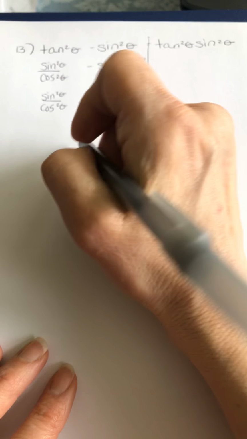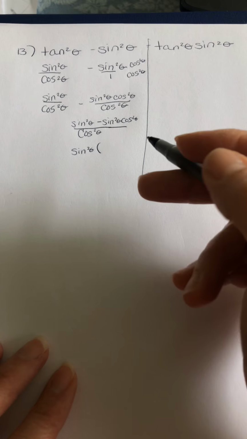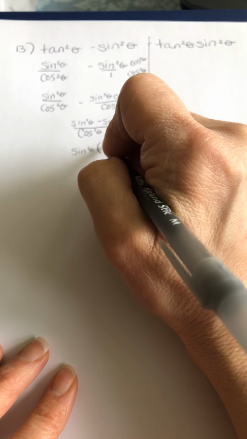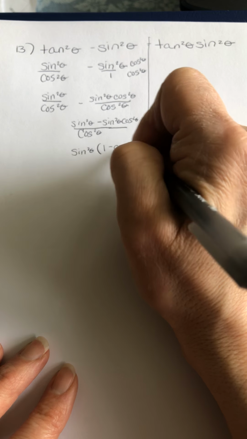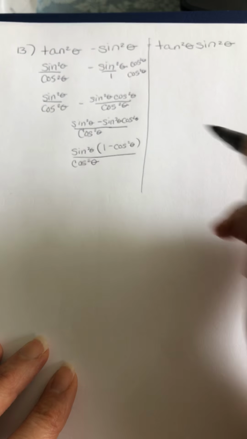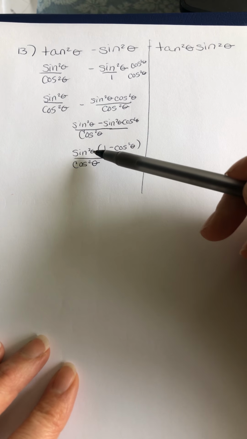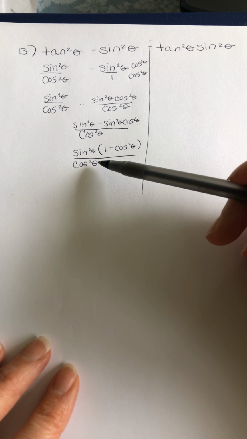I can factor that out. And if I do, I'm going to get sine squared theta times 1 minus cosine squared theta, over cosine squared theta. Notice how I kind of wrote this over to the left here.